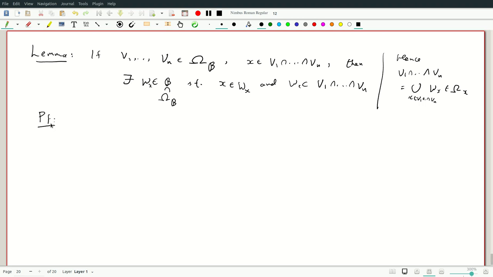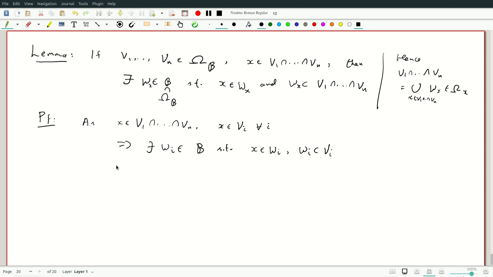And so let's take a proof of this. Of course, this follows exactly the pattern of real numbers, except that in the real numbers we did some work, and here we have hypothesized it. Okay, namely, as x belongs to V1 intersection Vn, x belongs to Vi for all i, which implies that there exists Wi in B such that x belongs to Wi and Wi is contained in Vi.